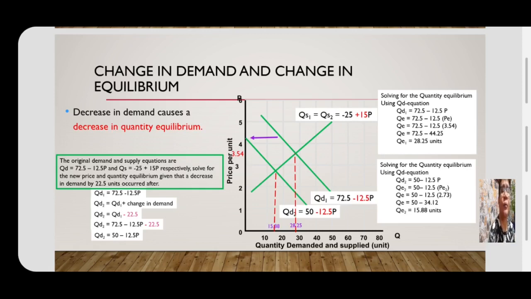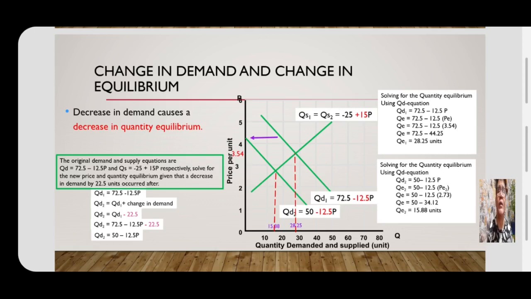So this is how we derive the value of the original quantity equilibrium and the new quantity equilibrium. Again, the original quantity equilibrium is 28.25 units and the new quantity equilibrium is 15.88 units. So what happened?